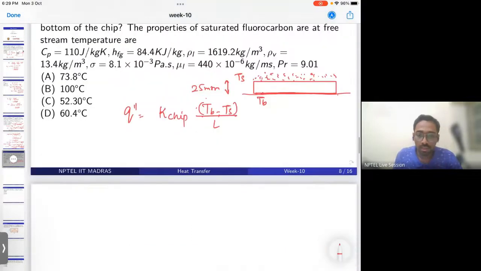So let's start solving this question. Actually, one of the data is missing.